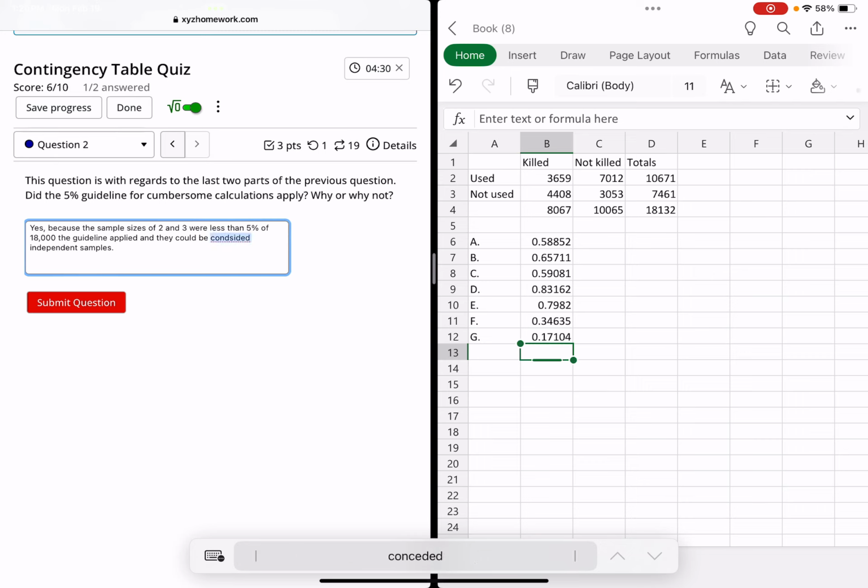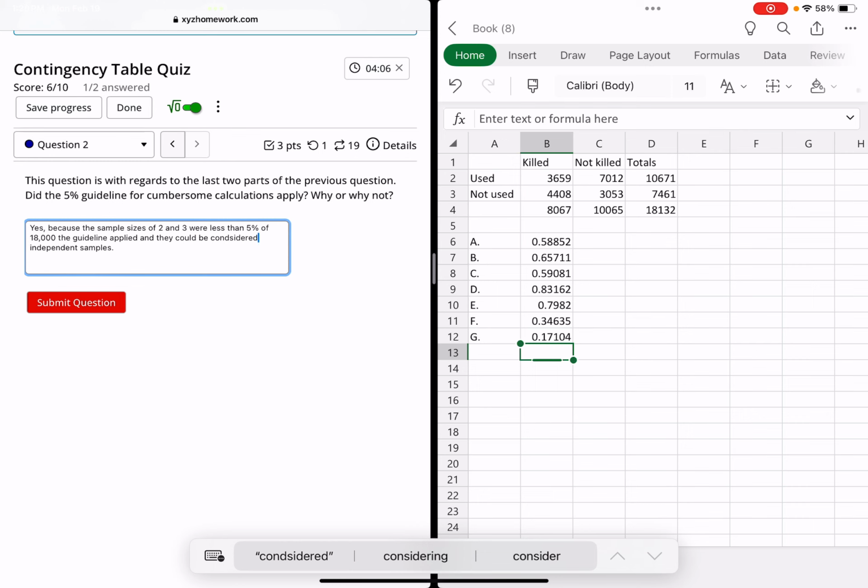I don't care about spelling. No one's going to get marked off for spelling. Considered independent samples. I say yes, because the sample sizes of 2 and 3 were less than 5% of 18,000. The guidelines applied and they could be considered independent samples.